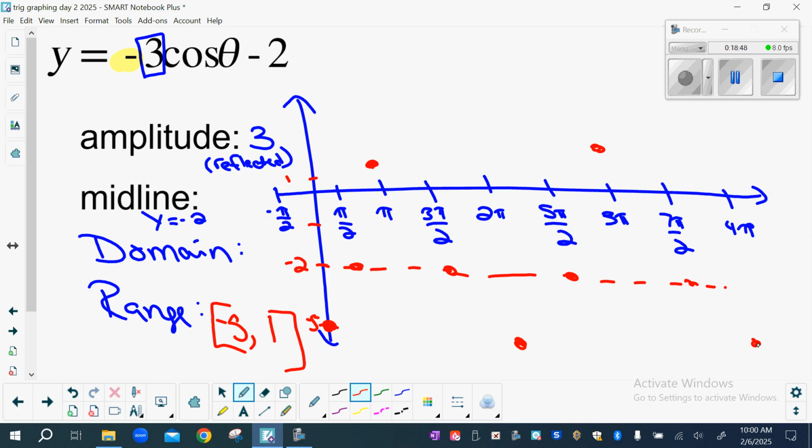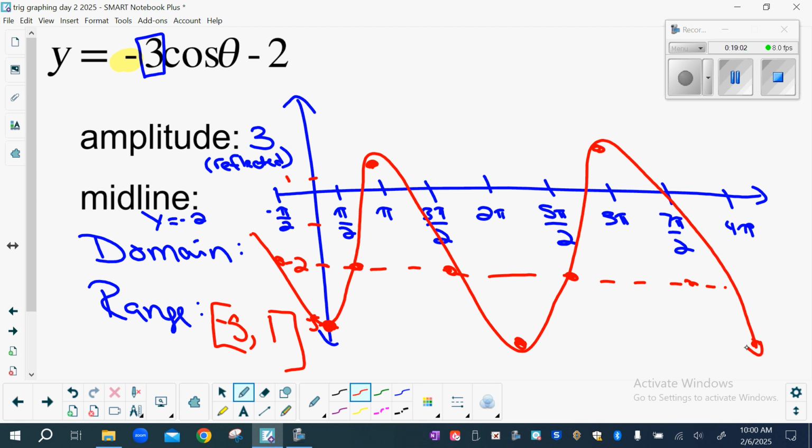Are we ready to graph him? Here he comes. Oh, I'm going to do this one over here. He's at medium. So here he goes. Woo! And boom. And boom. All real numbers, just so you have it. That is it. I am done.